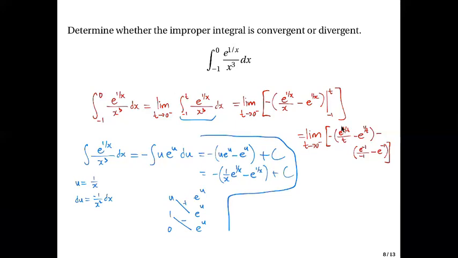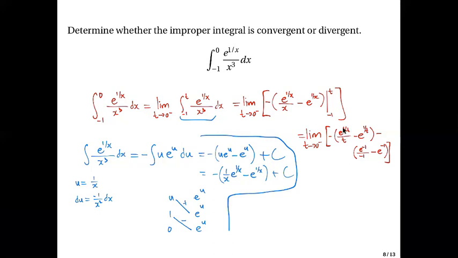So in here, as t approaches 0 from the left, here you have e raised to negative infinity. So that will become 0, and then here 0 again. So we use L'Hopital's rule for this part.